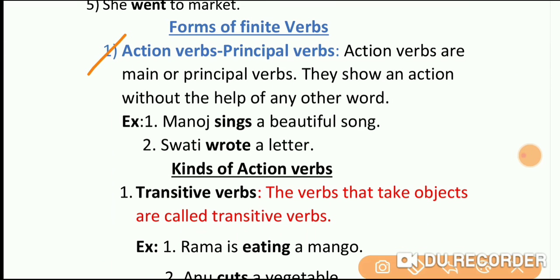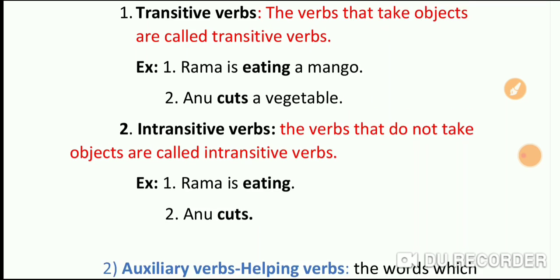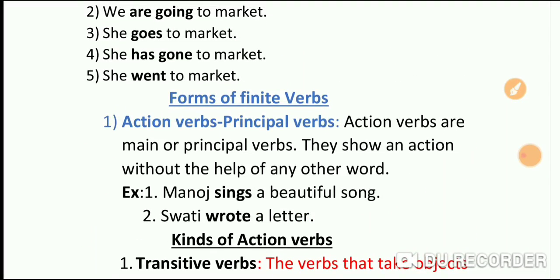Let us see the first one, action verbs or principal verbs. And the second one is auxiliary verbs. Try to understand. First one is action verbs or principal verbs. This is a subkind of finite verbs.